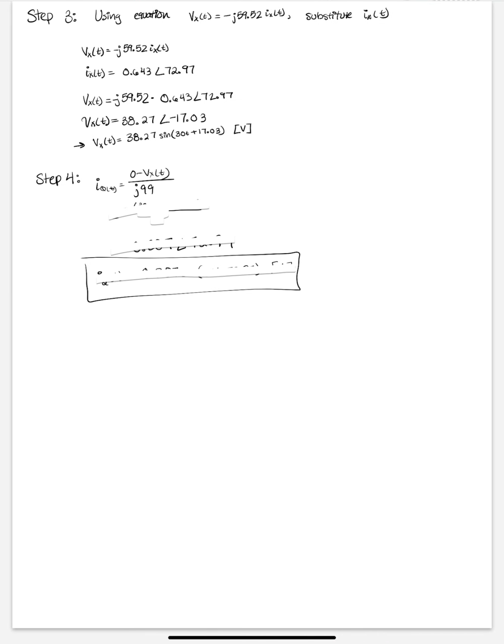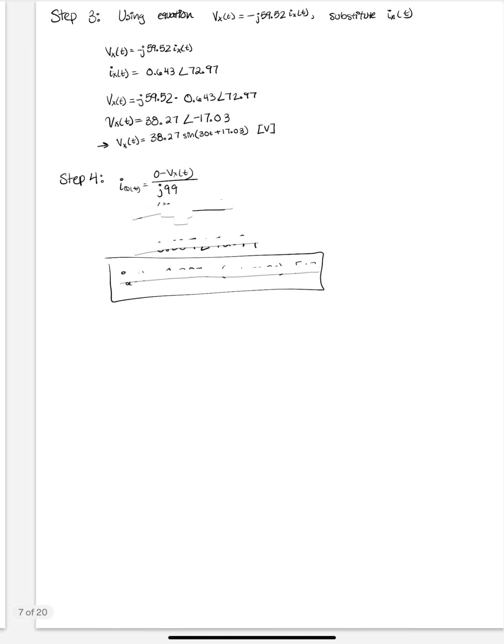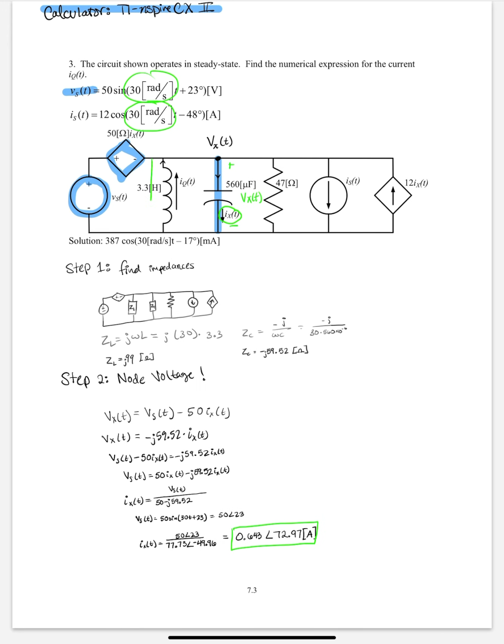And then for Iq of t, we have 0 minus Vx of t over j times 99. And we get this from this section right here because we know that that's where our Iq of t lives. And we know that our impedance there is going to be j times 99 ohms.